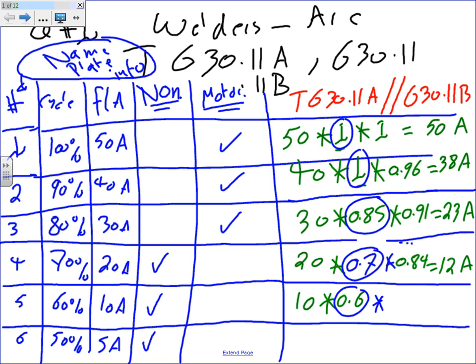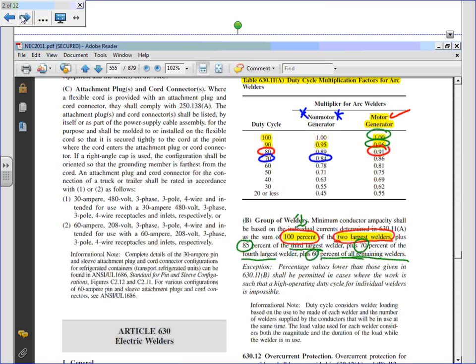Now, multiplied by, what is the cycle derating factor for, I want to remind you, it's 60 cycles, 10 amps at non-motor generator? What's that value? Okay, if you forgot, here's 60. So we're going to go all the way to 60. My factor is 0.78.